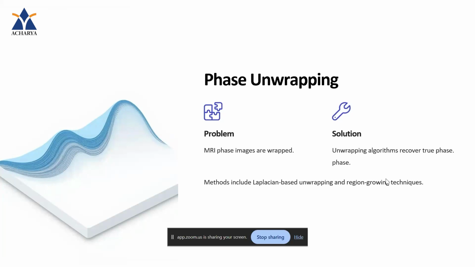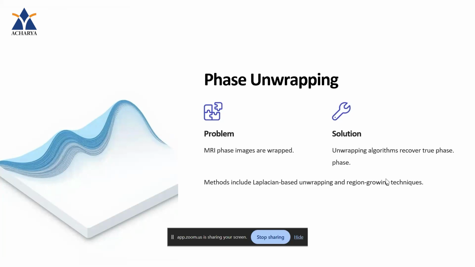This phase unwrapping step should be followed properly. Accurate phase unwrapping is essential for the subsequent QSM processing steps. To process QSM, we have to follow this step, and it should be accurate. If we are getting any error at this stage, it may lead to artifacts which can reflect in the final susceptibility maps.